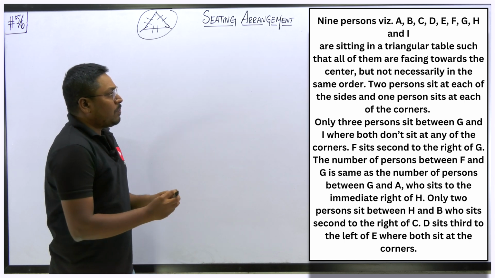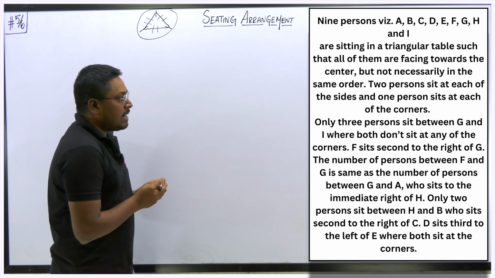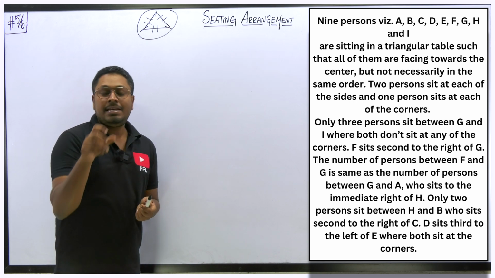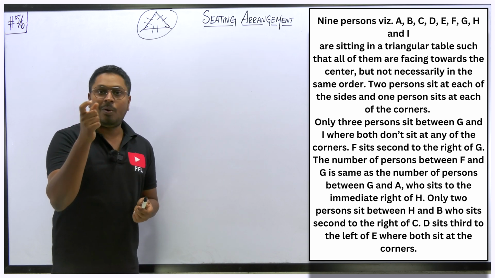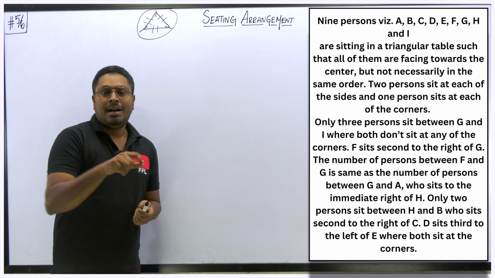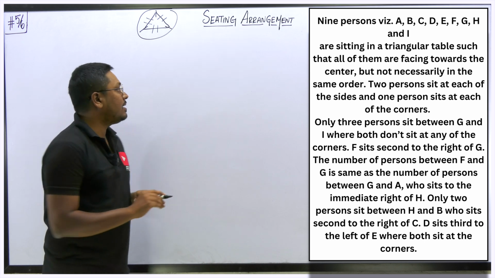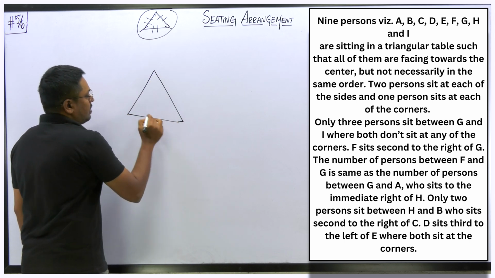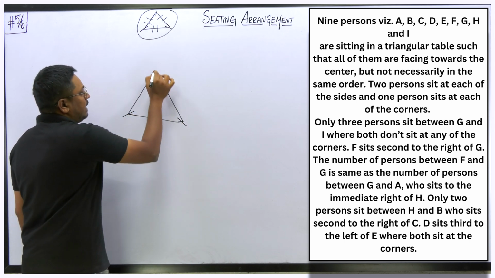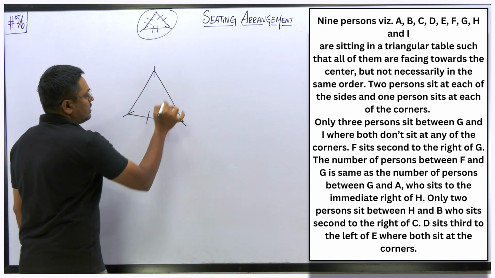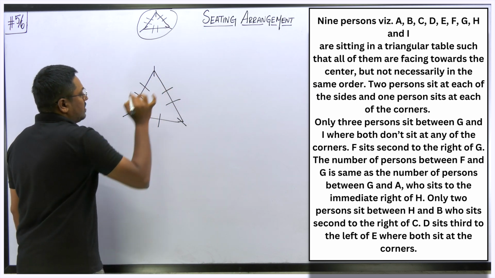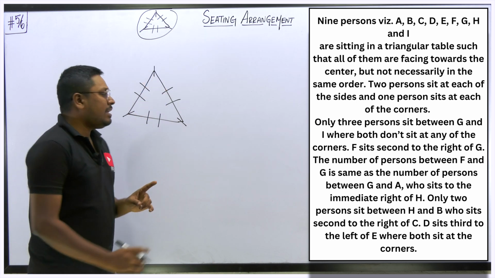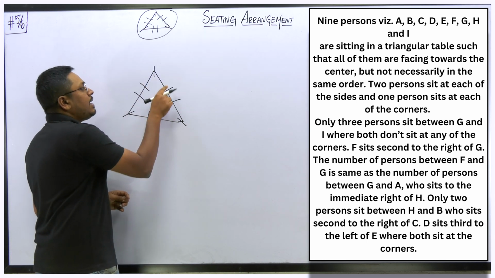First one: only three persons sit between G and I, where both do not sit at the corners. So between G and I there is a gap of 3, but neither the person G nor the person I is sitting at a corner. I think we will get only one diagram. G and I are not sitting at the corner, so definitely they will be sitting on one of the sides.